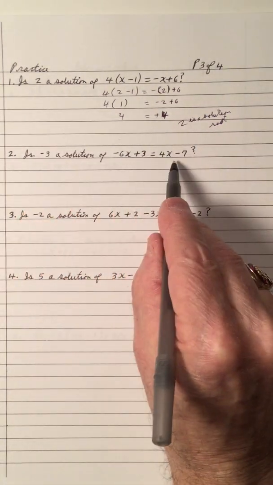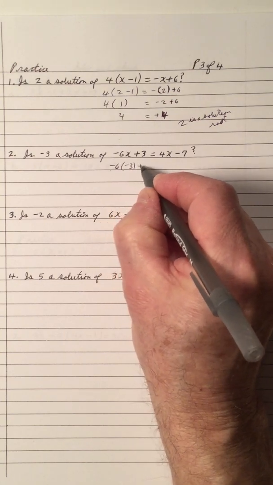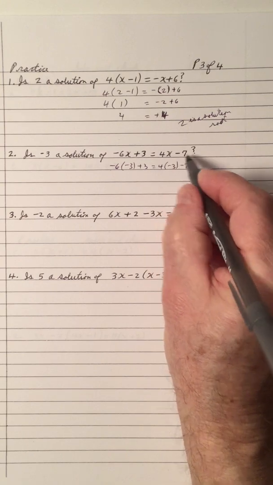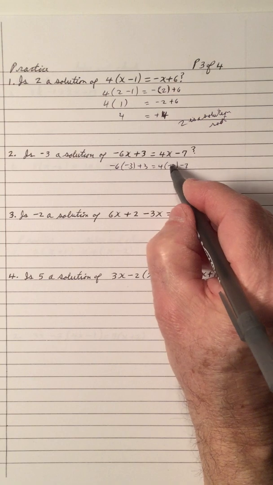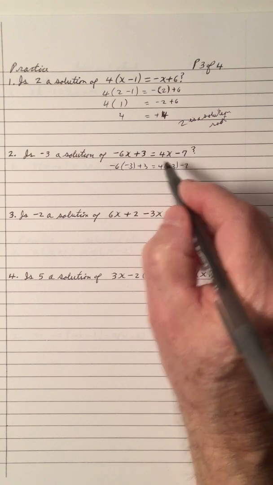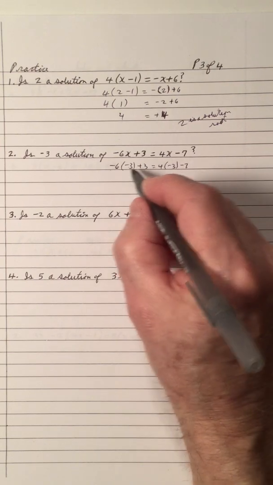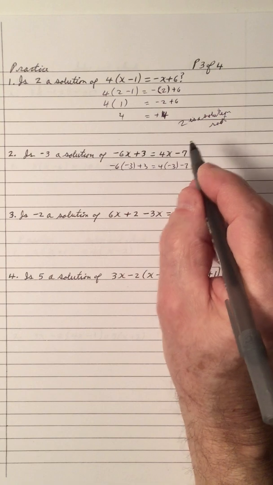Is negative 3 the solution of this one? Let's sub negative 3 in the place of x. So I put negative 3 right here with a bracket because of the multiplication. I put a negative 3 here in brackets because of multiplication. So now I have to do PEMDAS. Can I simplify inside of here? Nope. Are there any exponents? Nope.